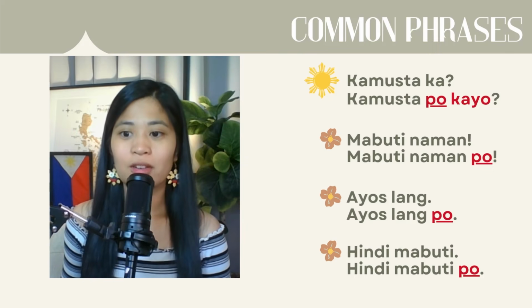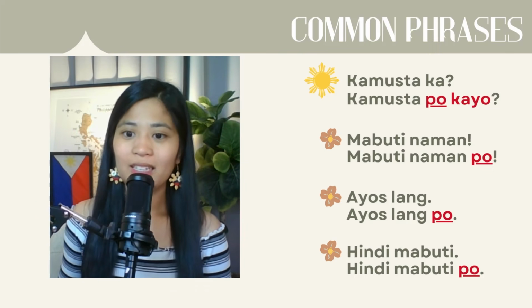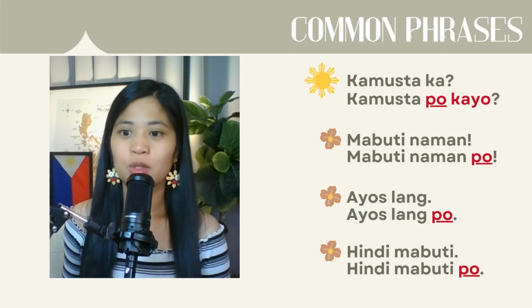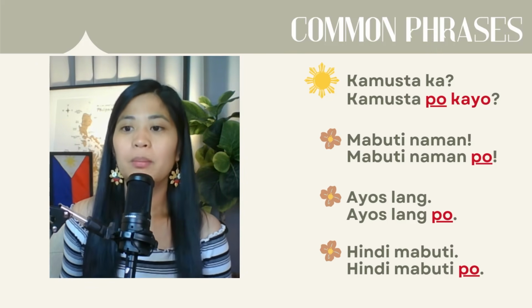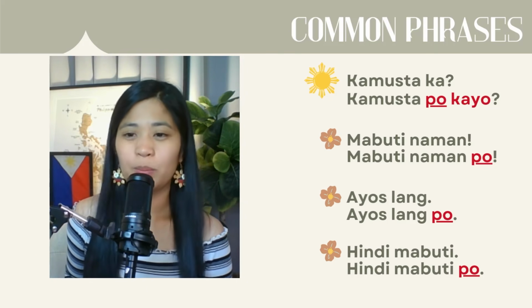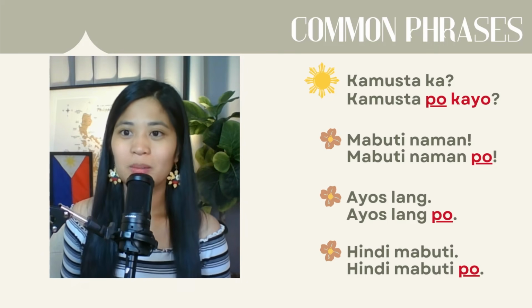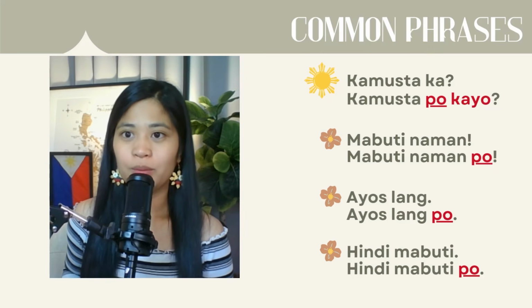Again, that's just a set phrase. You might hear someone say, hindi po mabuti. I've heard that before, so it can also be the second word in this phrase, hindi po mabuti. But since it's a set phrase, I would add it to the end, hindi mabuti po. So those are some examples of where po would go.